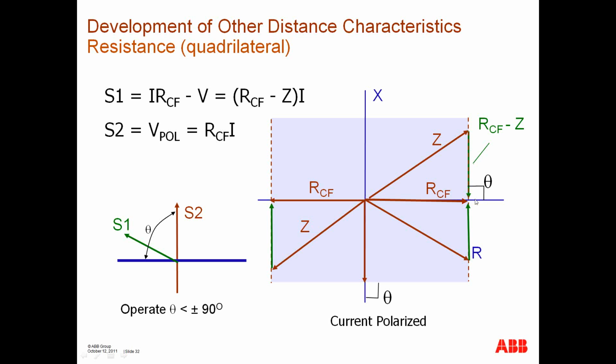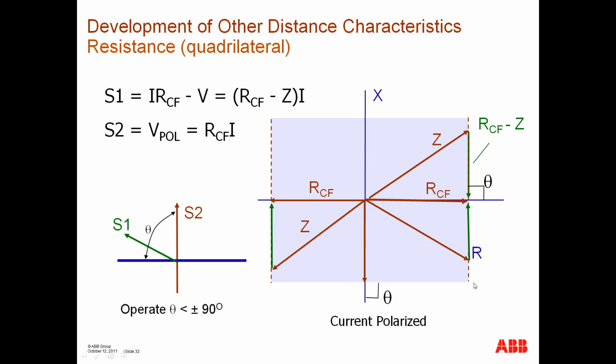Similarly, you have the resistance, and again, you can measure the load resistance or the fault resistance in the load direction or in the minus load direction with these settings, but you're restricted here between this line and this line.